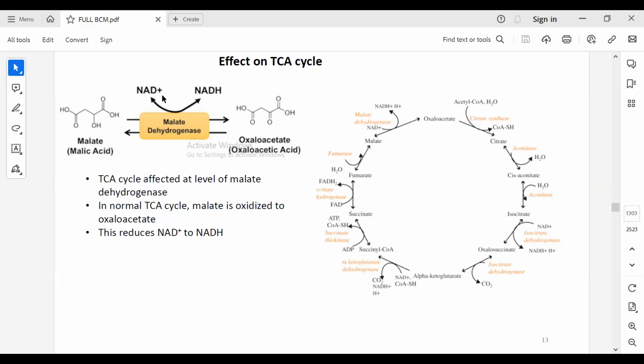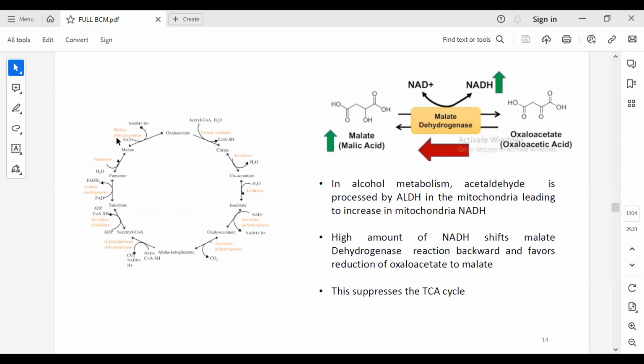You'll see that if you have an increased level of NADH, of course, it will form more malate, and not the oxaloacetate. So again, you're reversing this process here.